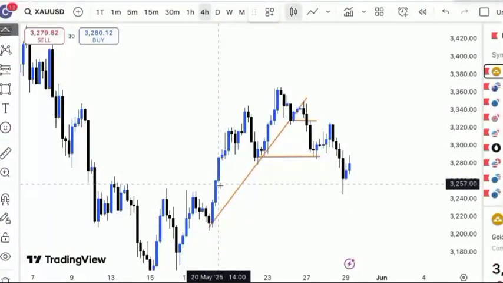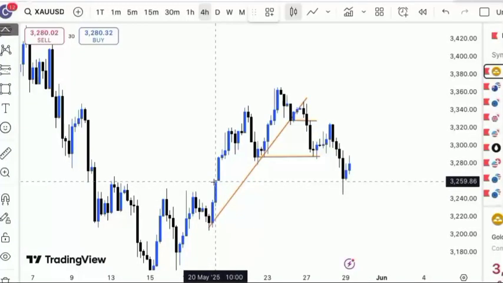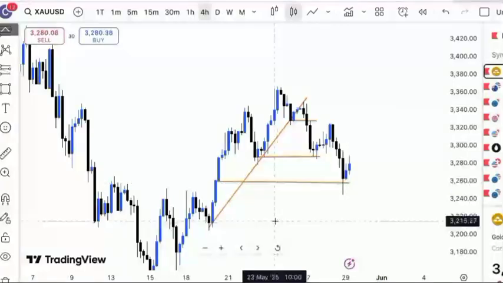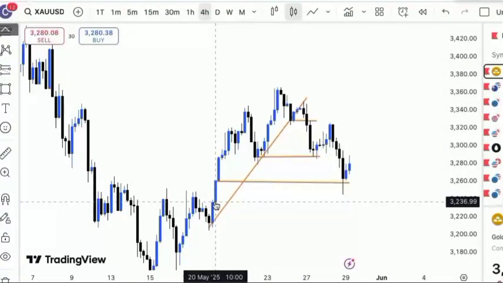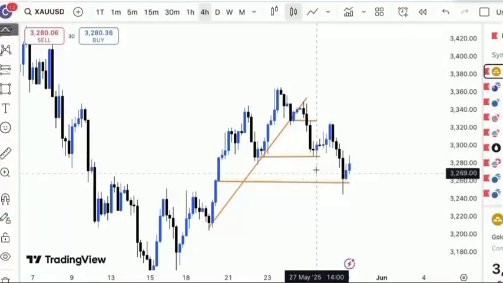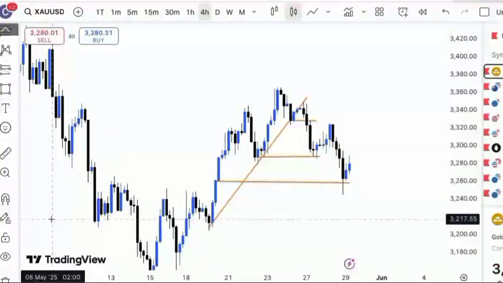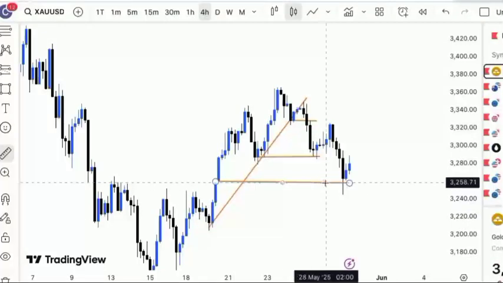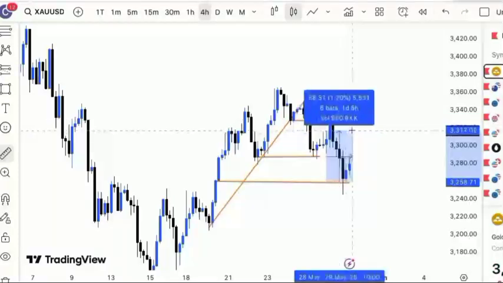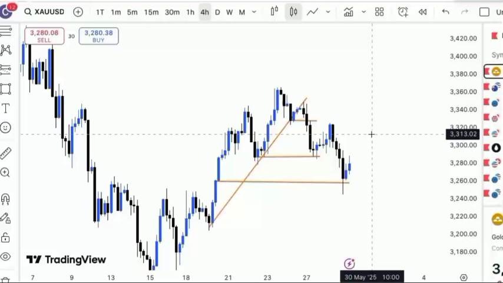If you put your second take profit at the beginning of the fair value gap, it hits it. First take profit, second take profit, and if you calculate the pips, this is huge. That's 700 plus pips on gold, just using only a trend line.